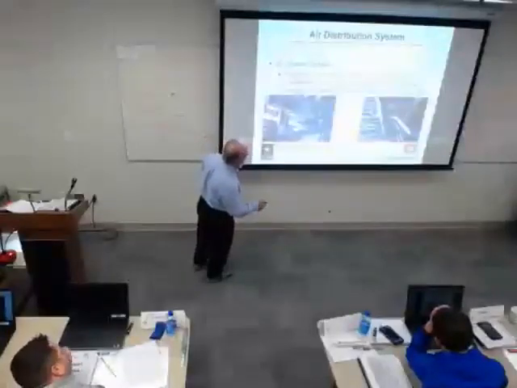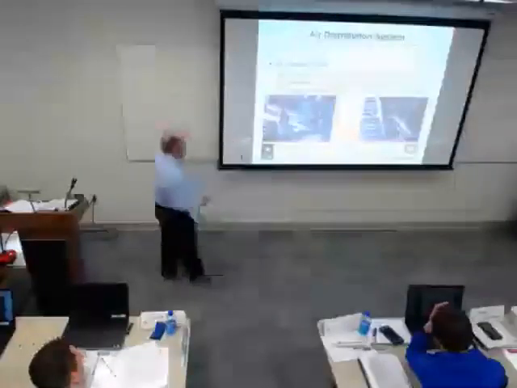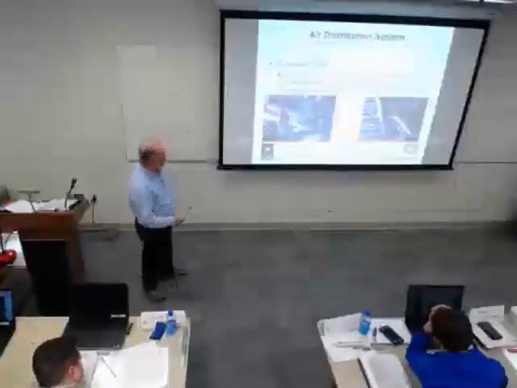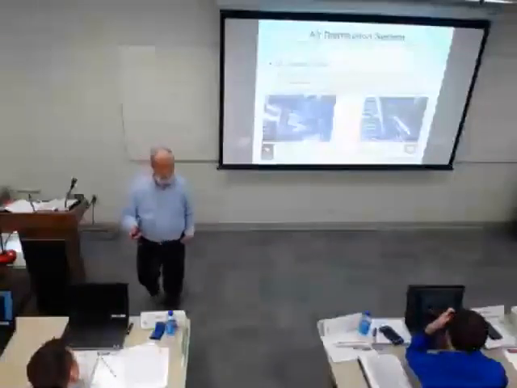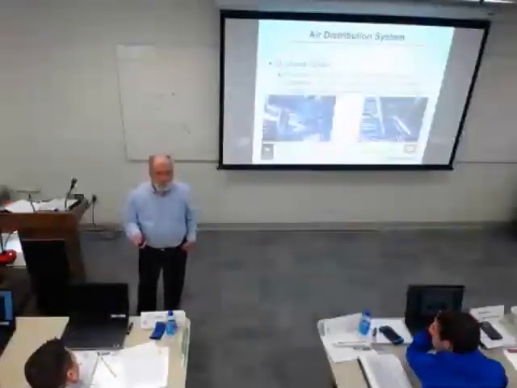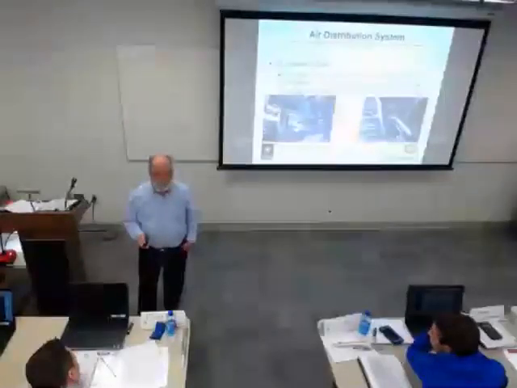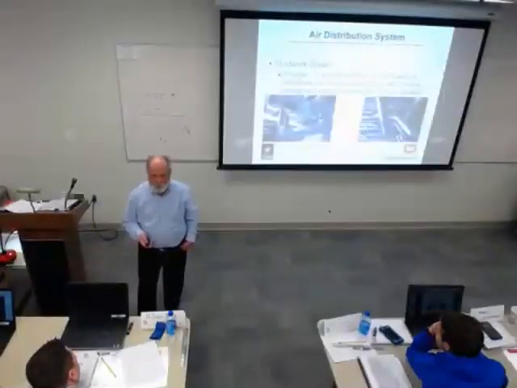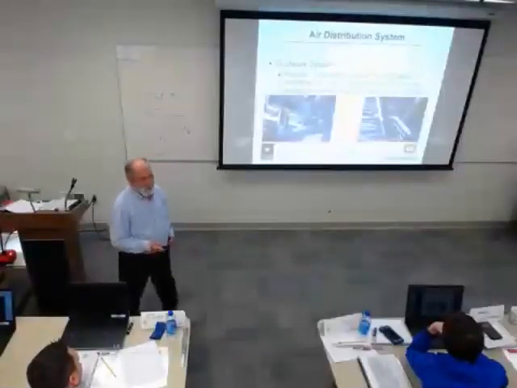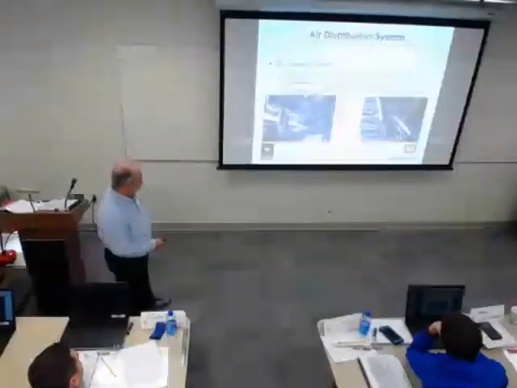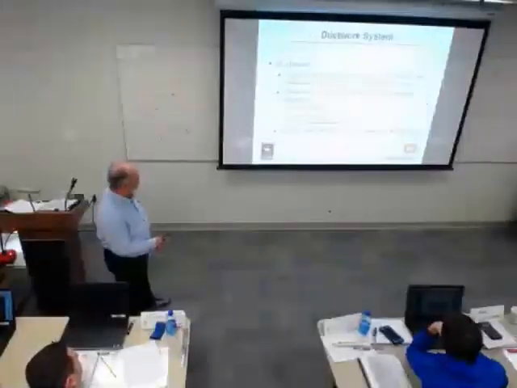All kinds of stuff out there. Some things can also happen if you don't watch. I've had guys install things in such a way that the takeoffs for the branches would not deliver air because of some of the disturbances right upstream from them. And so, like I said, a lot of stuff can happen out in the ductwork.